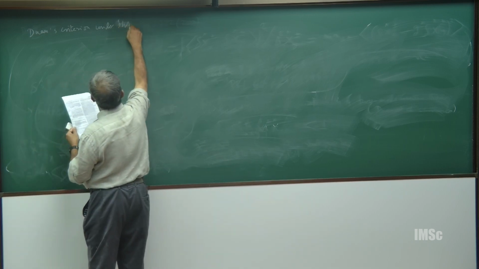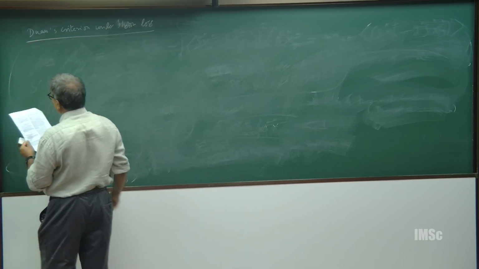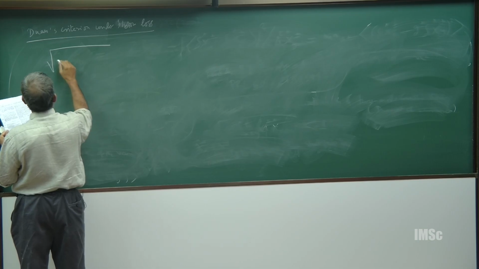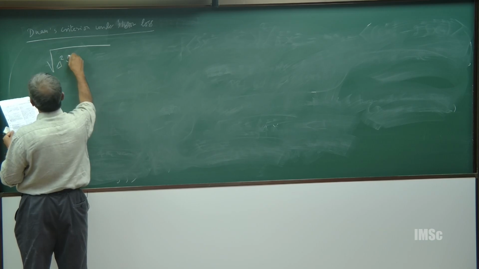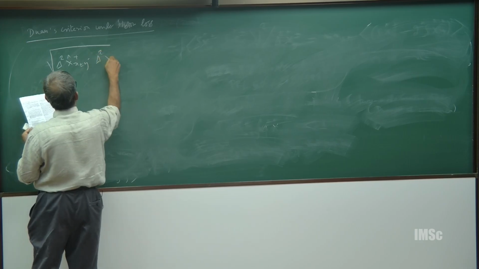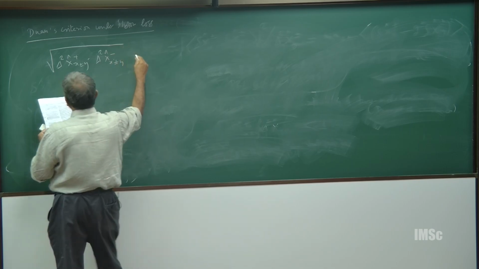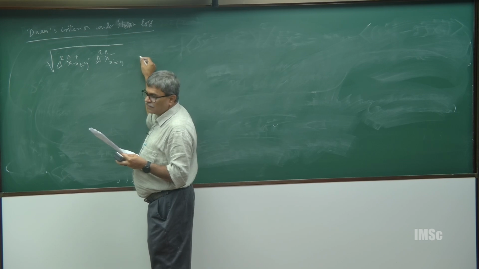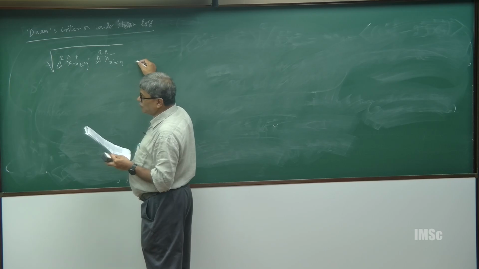What will happen is that this expression, you remember this was our expression, delta square x plus y times delta square x minus y. This was less than 1, right, the necessary and sufficient criteria for entanglement of a two mode Gaussian state.